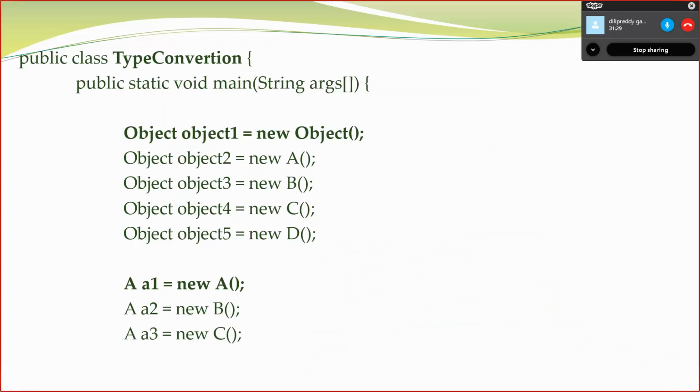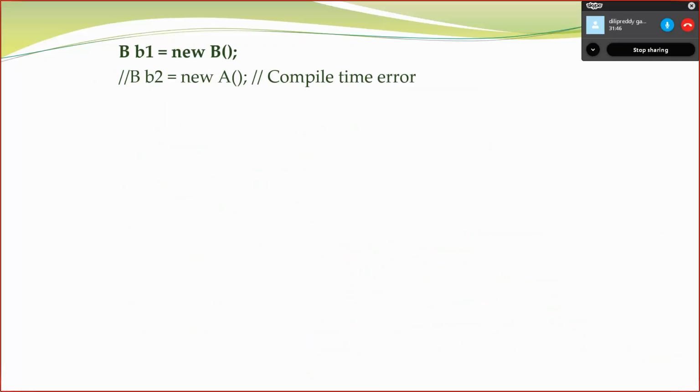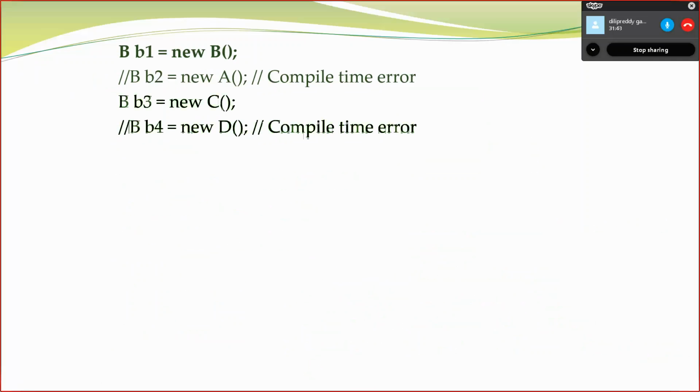See this also, all of these will get a compiler error. And for D, all of them will get a compiler error because D is a sibling. It's not your subclass or superclass.